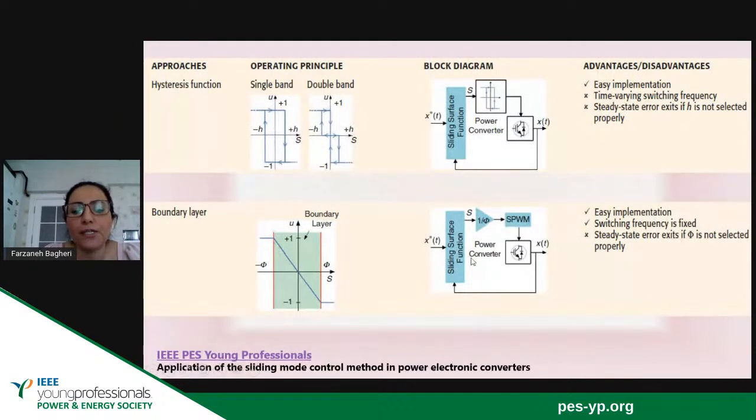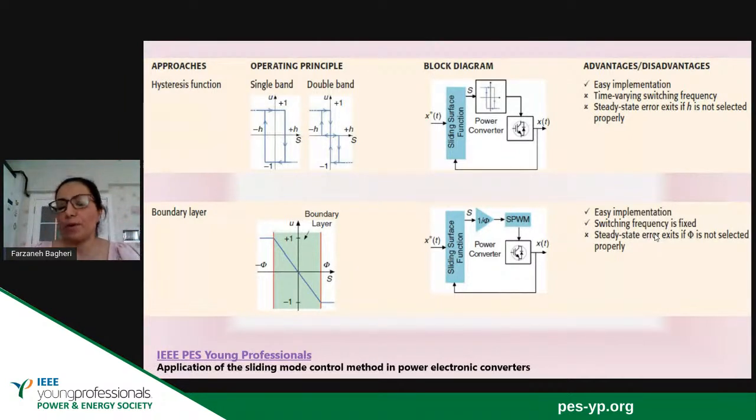So if we consider such a boundary and make our sliding function linear, then we can apply this sliding function directly to the power electronic converter by a PWM. When we can use the SPWM in the system, it means that we have easy implementation, the switching frequency is fixed, but again, same as before, we will have the problem of a steady state error.